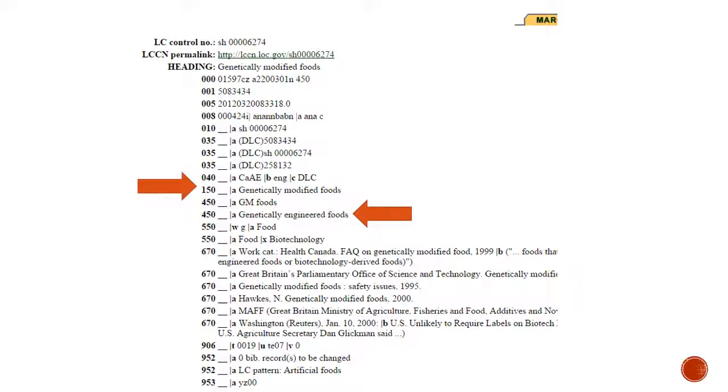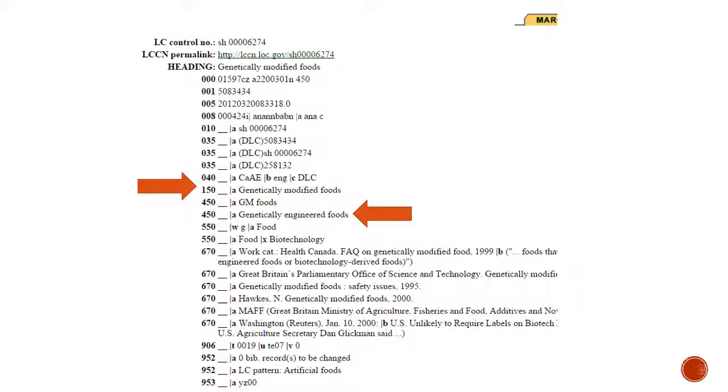So if we had looked up GM foods, it would say C, genetically modified foods. If we had looked up genetically engineered foods, it would have said C, genetically modified foods.